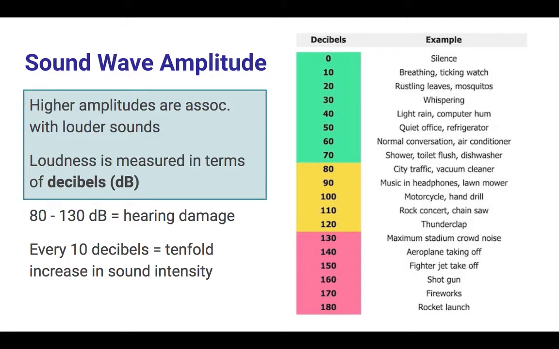So 0 would be silence, 10 is like breathing, 20 is rustling leaves, 30 is whispering, right? Normal conversation is 60. Once you get up to like city traffic, headphone music, rock concert, airplanes, shotgun, that gets sent into like the damage zone.